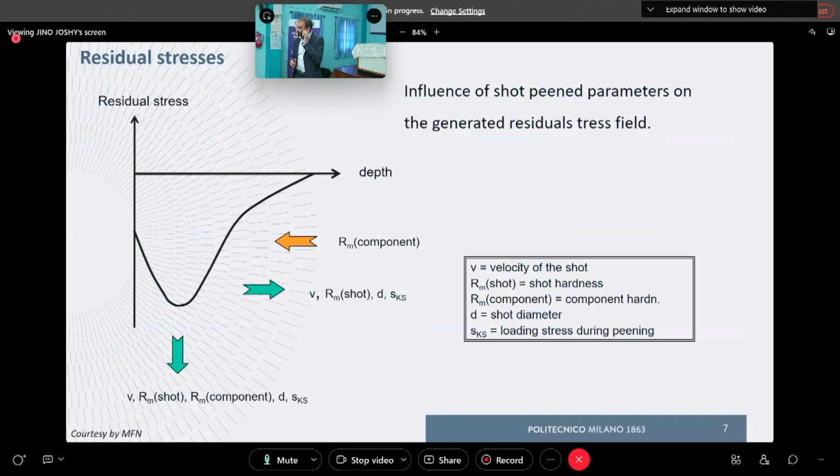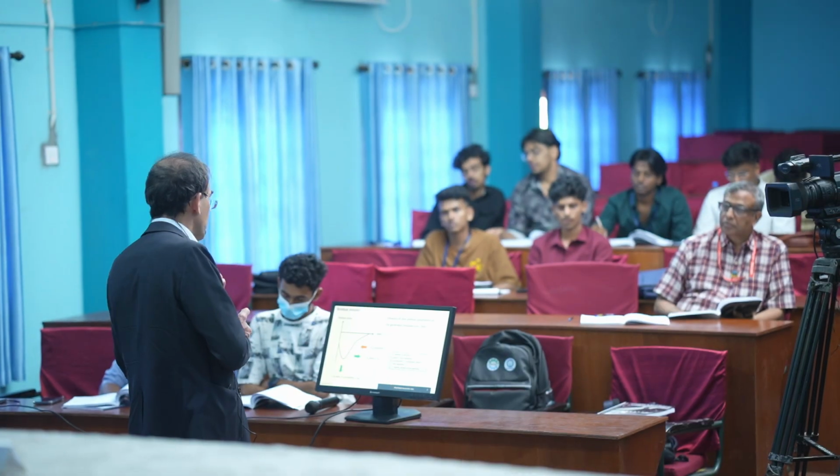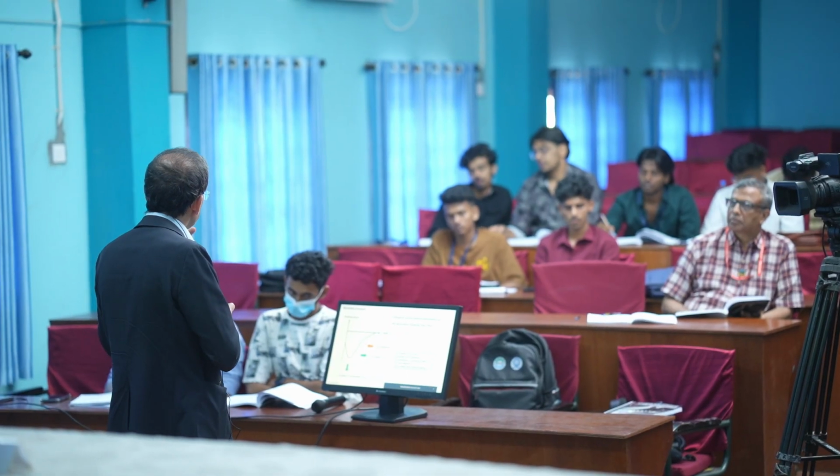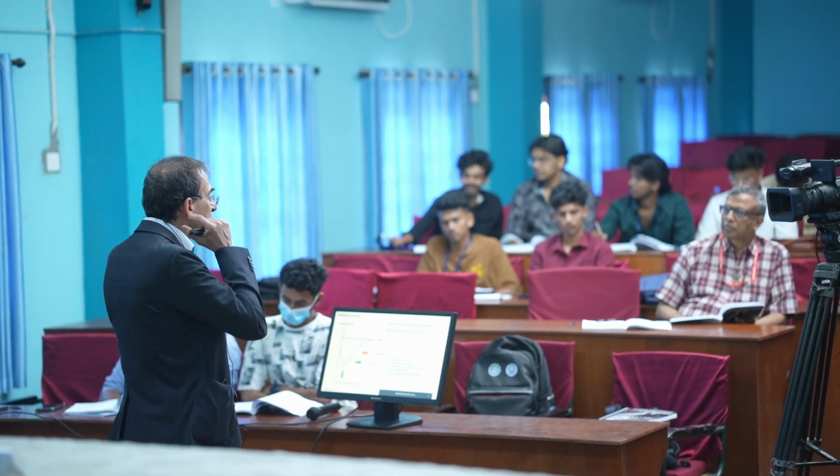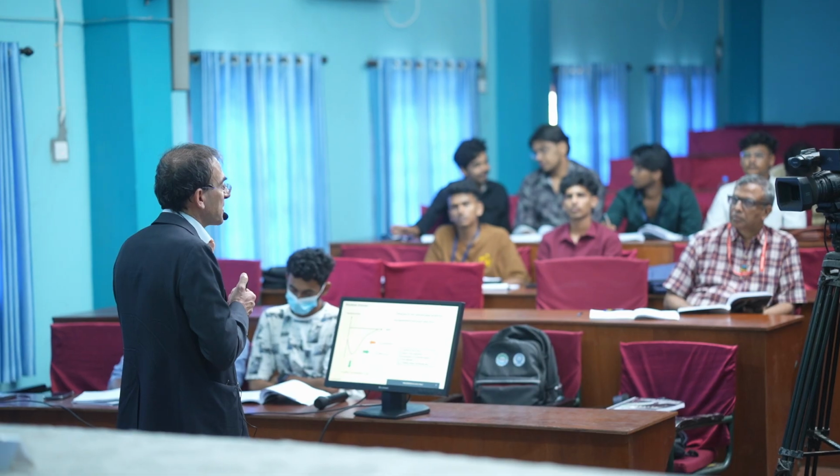Someone could be a bit confused by noticing that if you increase the strength of the component, the maximum residual stress also increases, but this should be considered not with the same velocity.